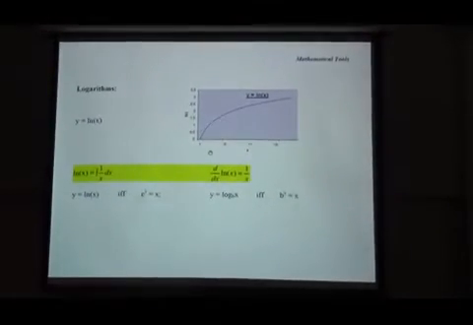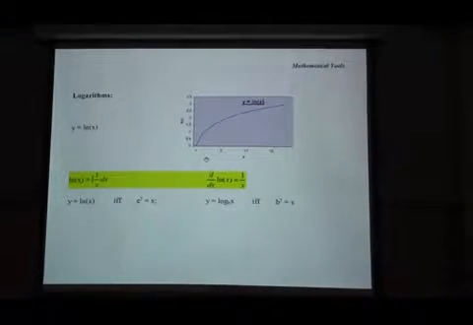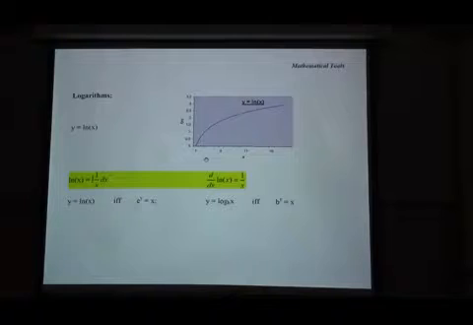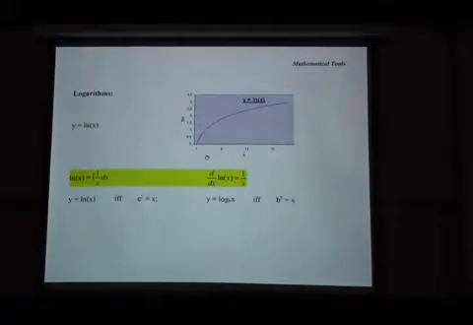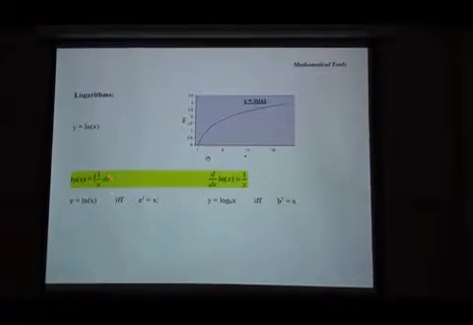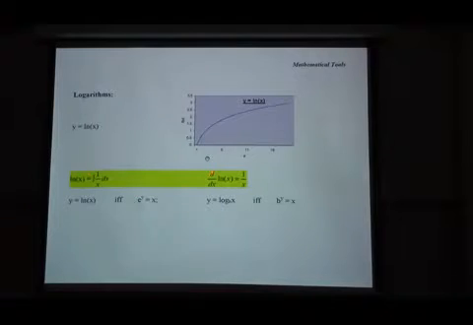That's what the derivative gives us. So the derivative of log of x is 1 over x. And the integral of 1 over x dx is log of x. So we can call these what operators? They're inverse operators. Okay. So we're going to do a little more than that later, but that's the idea here.